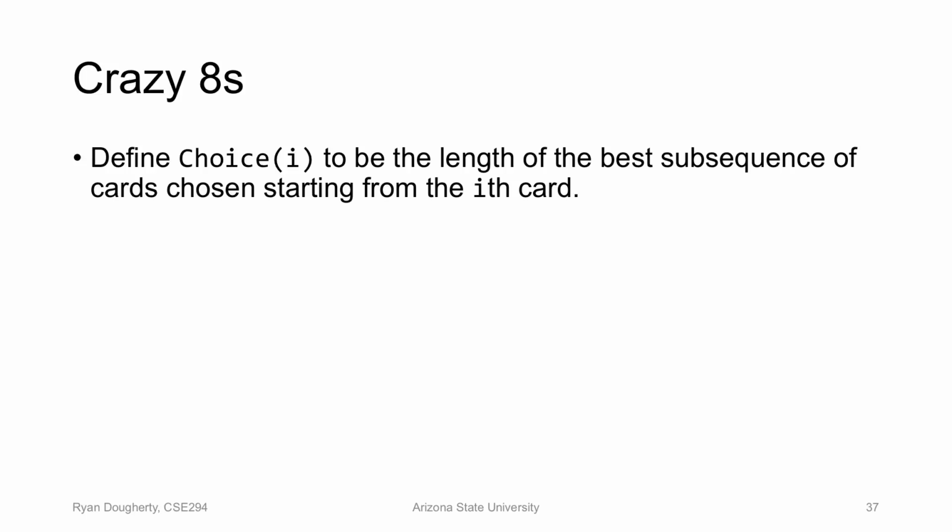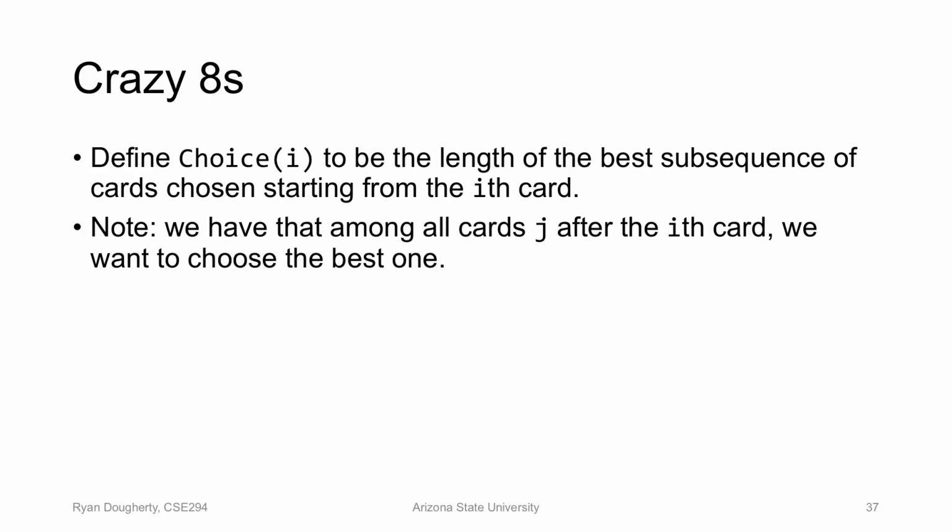All right, so what we want to do here is define this function, choice of I, to be basically the length of the longest subsequence starting with the ith card on. So it's kind of like the longest subsequence problem. Like for the array that we defined, index I corresponds to the longest subsequence up to index I. I could do it analogously here, but I'm going to do it from the ith card onward.